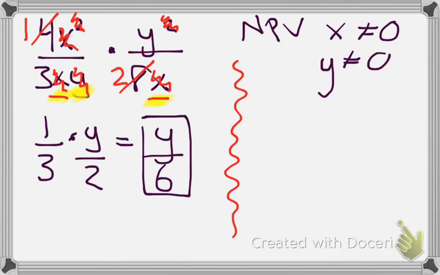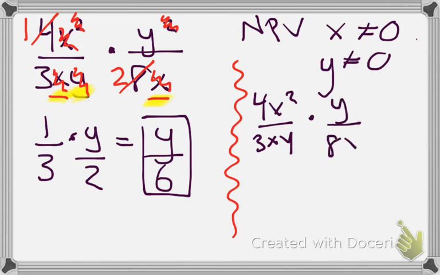So you can see how I simplified everything first. The other way of doing this is exactly the opposite. Instead of simplifying everything first, I'm just going to go straight across and multiply. So we had 4x squared over 3xy multiplied by y squared over 8x.